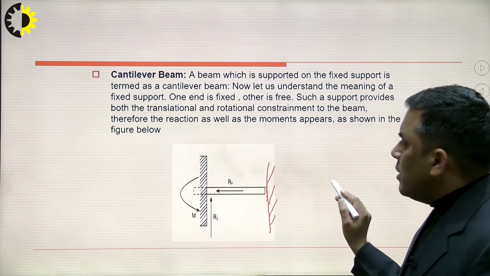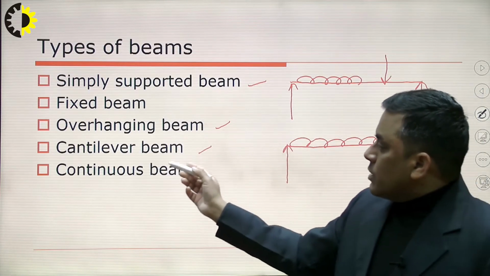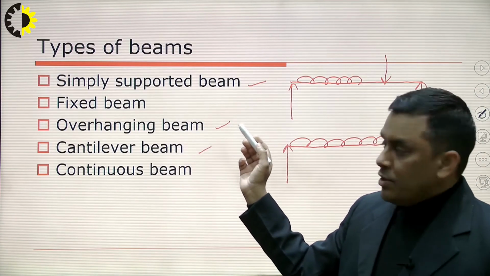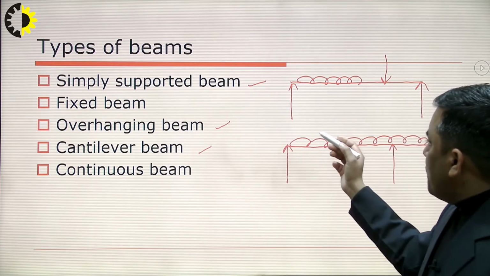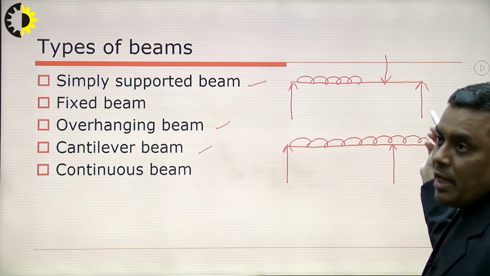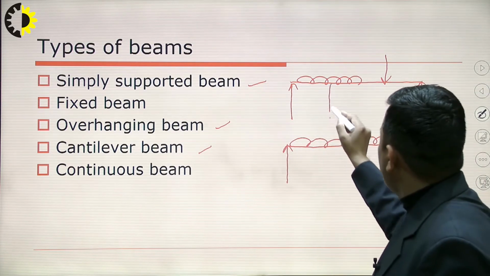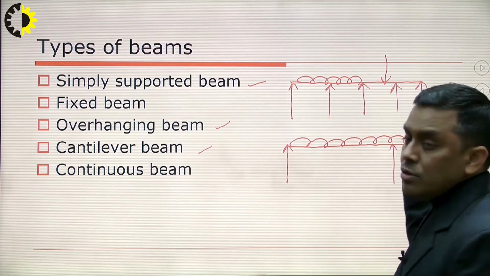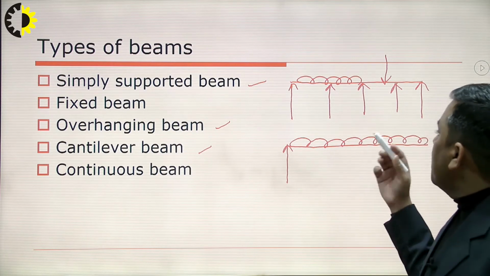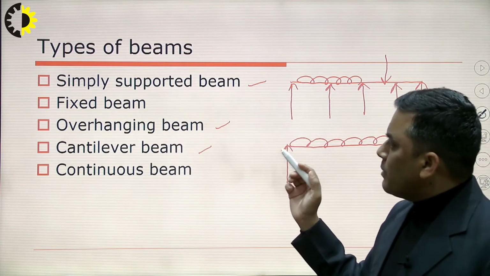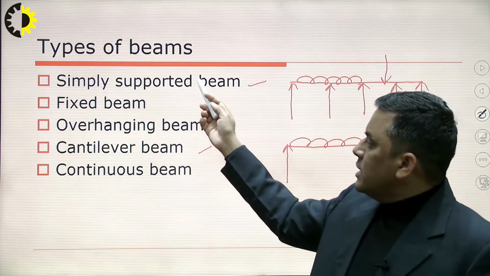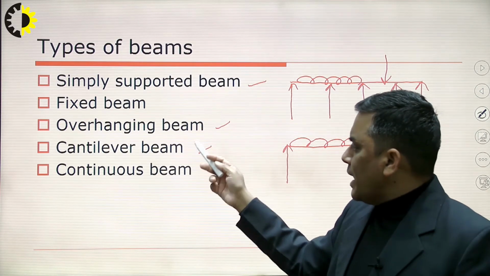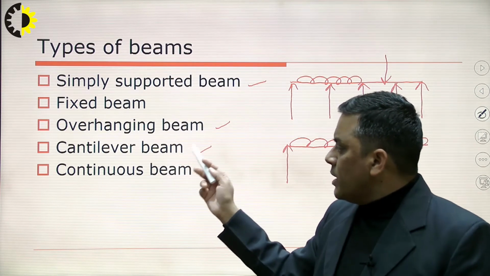This is what is known as a fixed beam. Continuous beam: what does continuous beam mean? If a number of supports are there at equal distance, this type of beam is known as a continuous beam. So these are the different types of beam we generally deal with: simply supported, overhanging, cantilever, fixed and continuous.